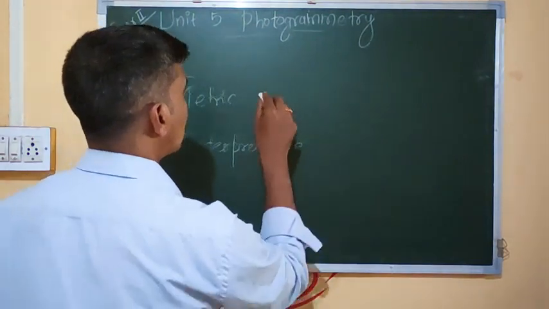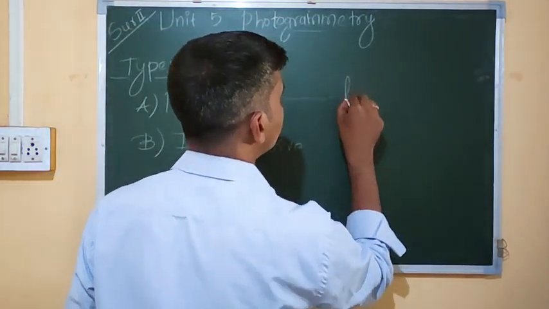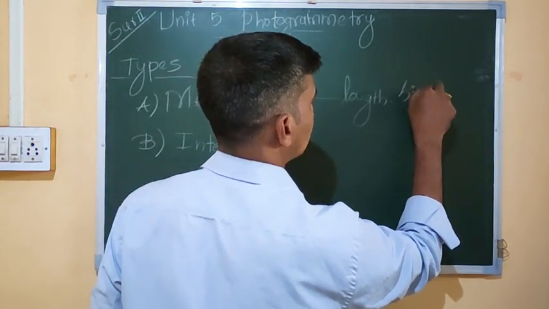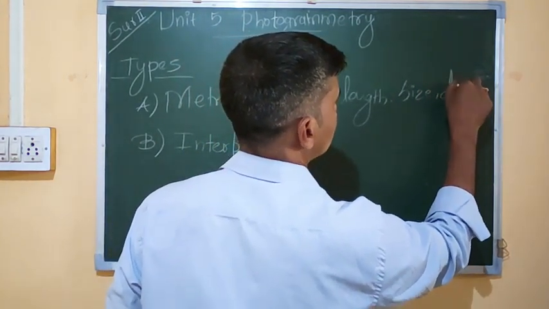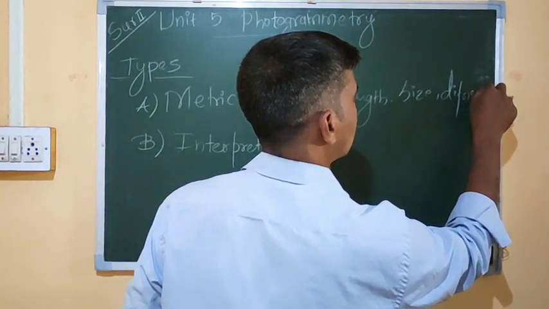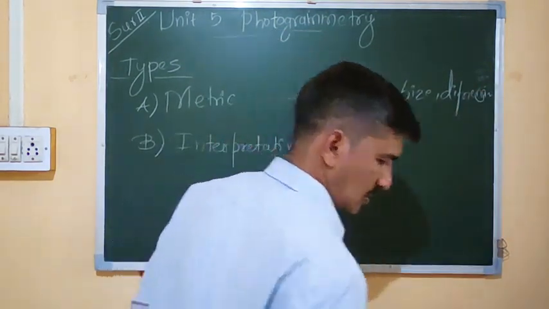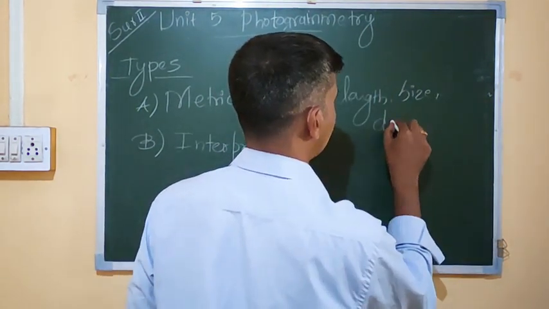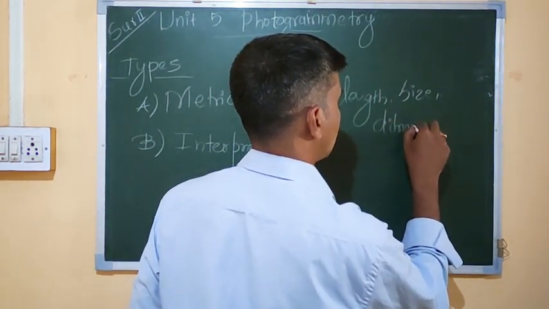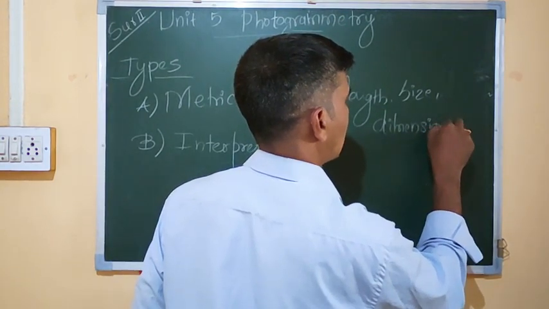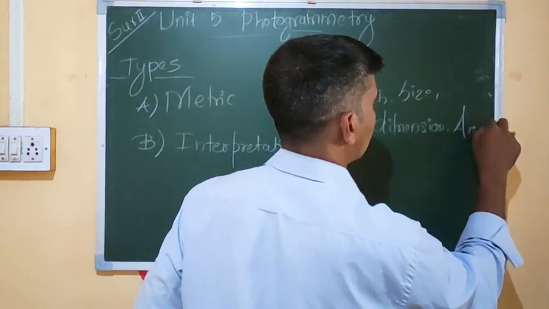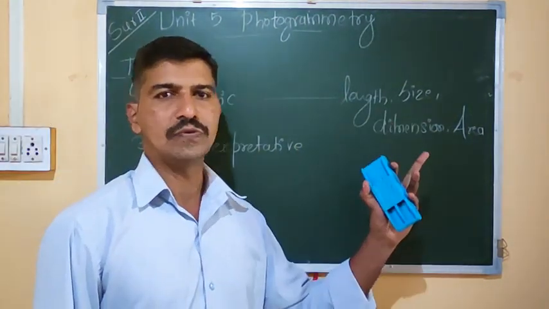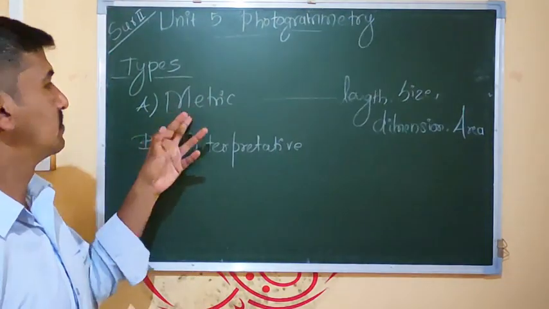In metric photogrammetry, we are going to analyze the length, size, or we can say dimension, and area. These are the different terms that we are going to find out by using metric photogrammetry.